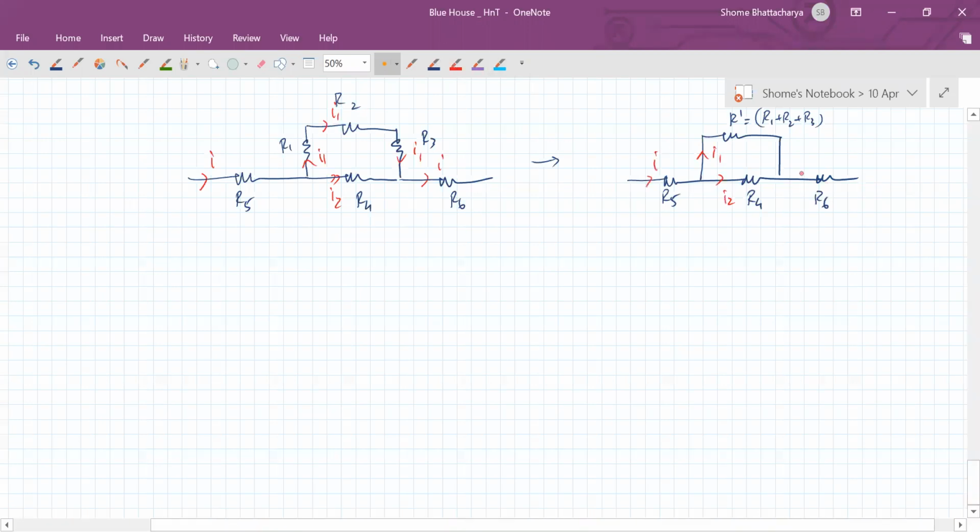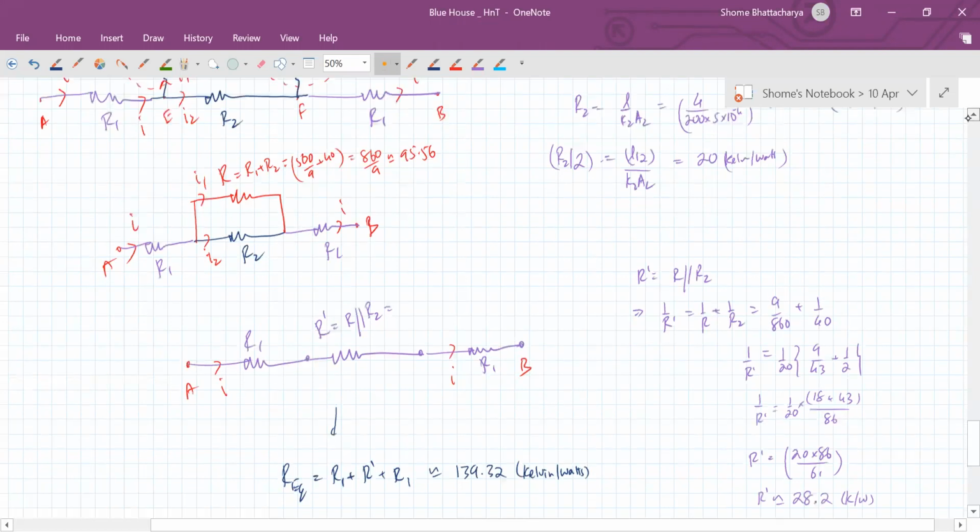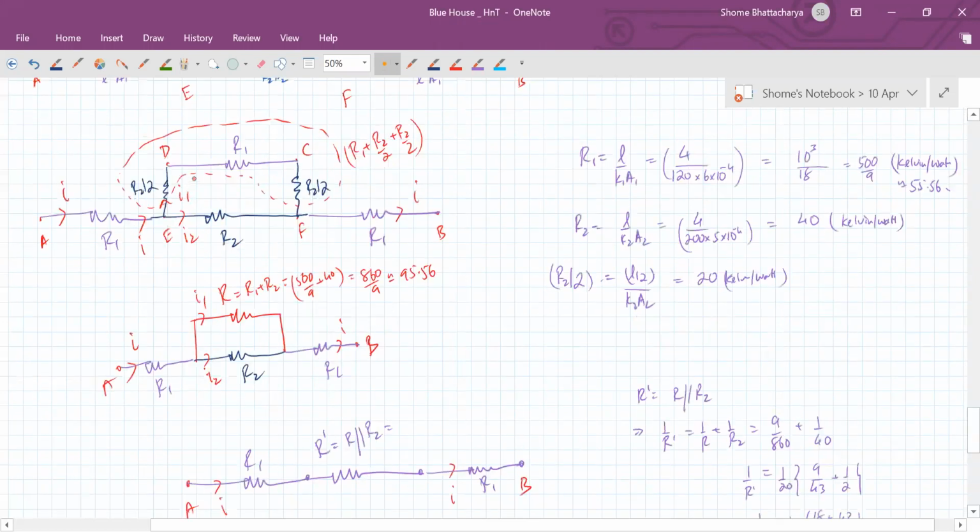Understanding now? And then these two are in parallel. Okay, so that's what we have done over here. First, we have made the series combination of these three, ED, DC, and CF.